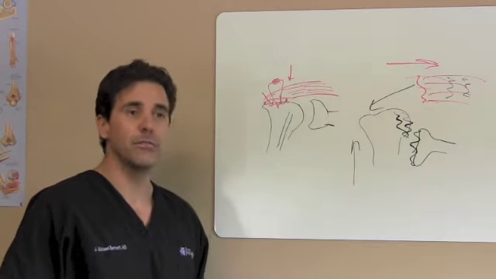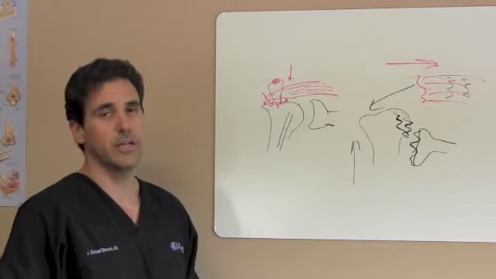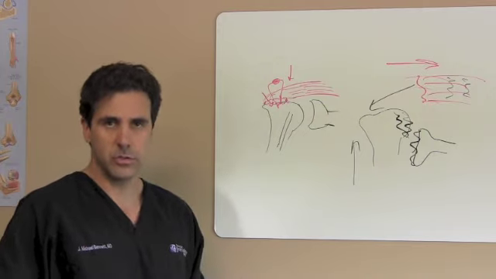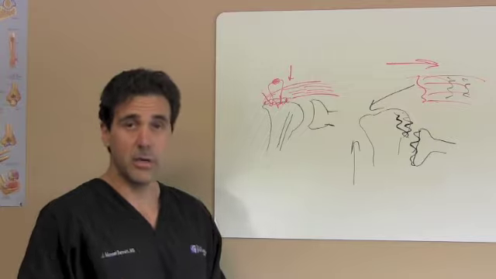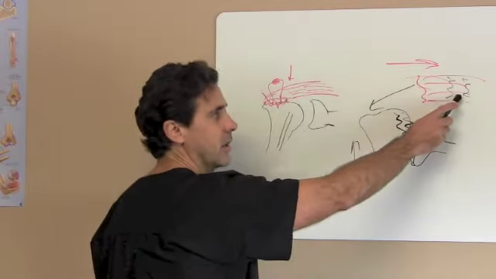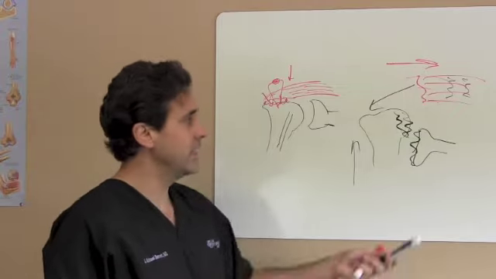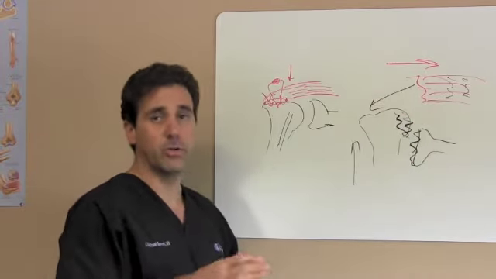So that's what you really want to avoid. If you do have chronic shoulder problems, or you've been diagnosed with a rotator cuff tear in the past, go see your surgeon. A lot of times an MRI, if it's a good MRI, can show us exactly how much fat and scar tissue you have within that muscle belly and tendon. That gives us a little bit of an idea of whether or not it's repairable.